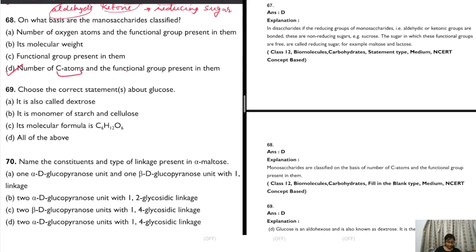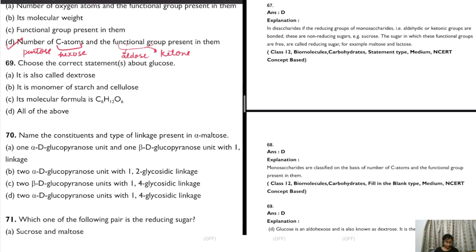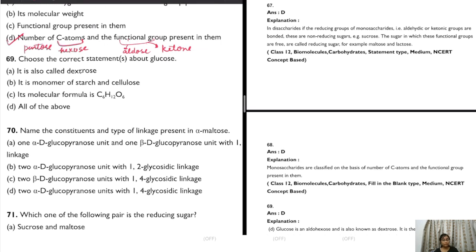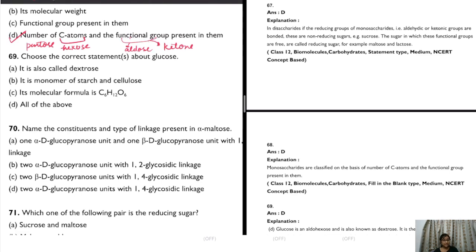From the number of carbon atoms, like we have hexose, we have pentose, and from functional group we decide whether it is aldose or ketose, right? So both are needed for the classification. Then only we can know what functional group is present, whether it is containing 6 carbon or 5 carbon, whether it is ribose or glucose. Now let's see the next question.